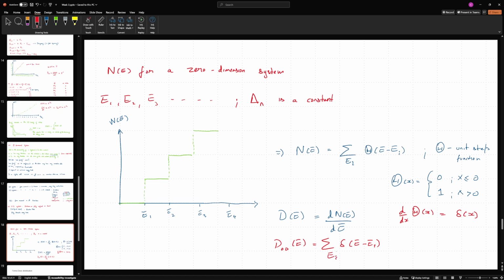So this is how the density of states is. The density of states for a 0D system is given by a series of unit impulses, a series of Dirac delta functions. If I'm including electron spin, there is going to be a factor of 2.